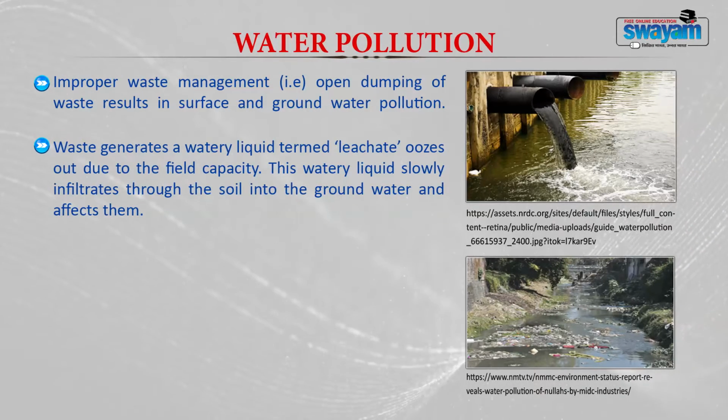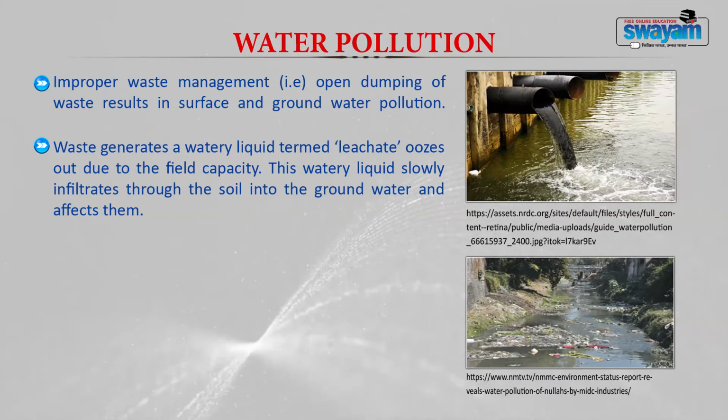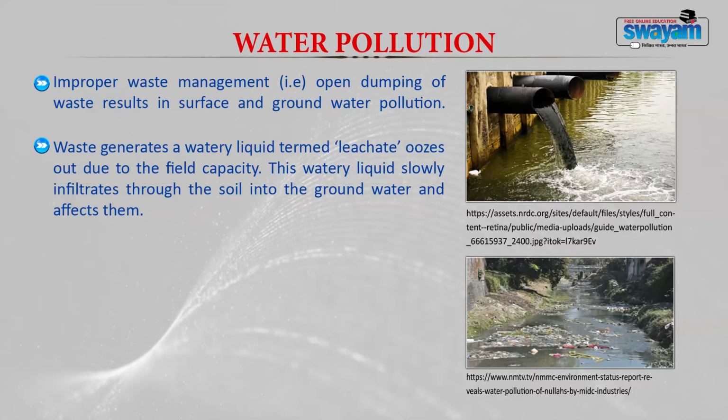Now how does it happen? The biodegradable waste material has some amount of moisture in it. Once the material starts degrading, this moisture oozes out, it gets released from the material. This watery liquid that leaches out from the waste material is called leachate.